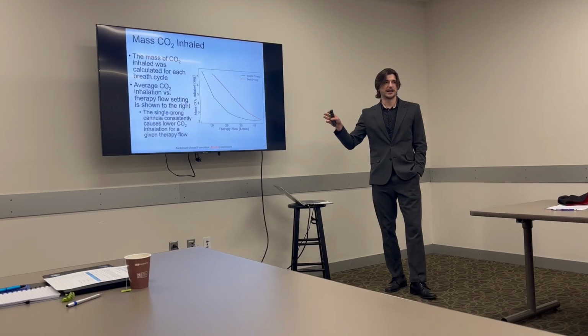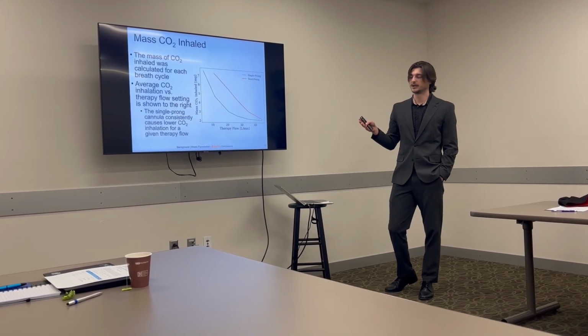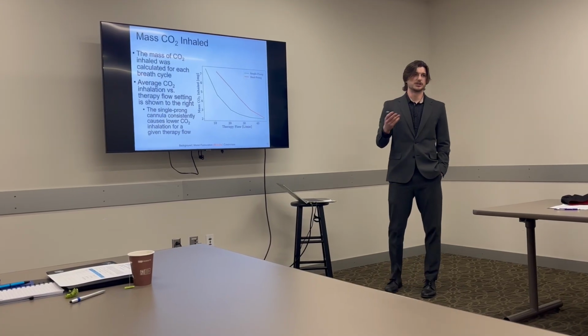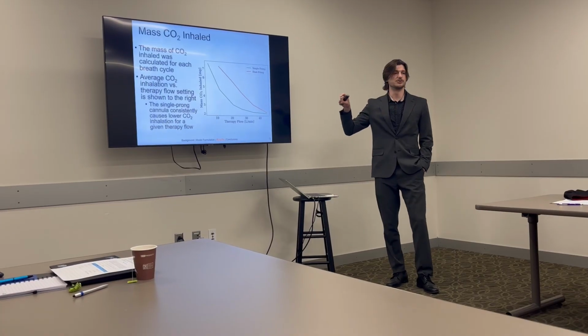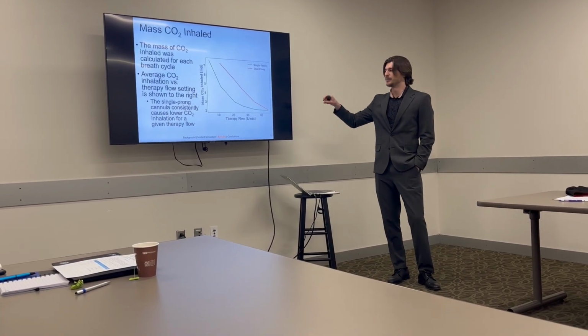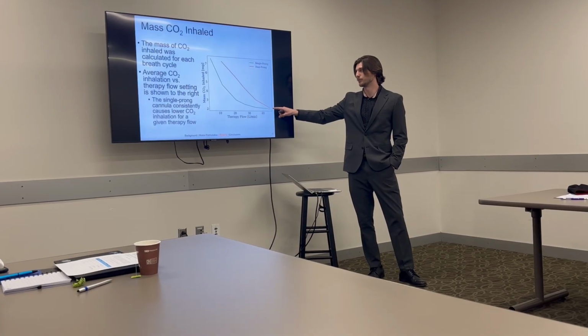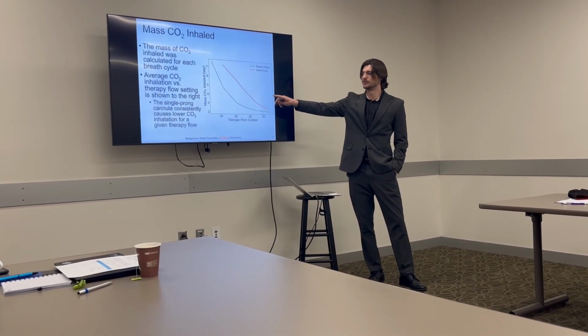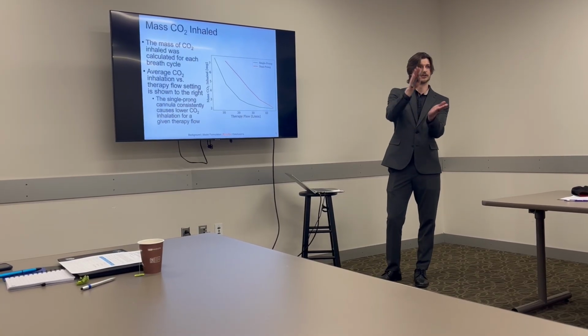The single prong cannula consistently resulted in lower CO2 inhalation than the dual prong cannula. But once again, similar to the delta CO2 plot, the distinction between those two curves varies based on the therapy flow. At higher therapy flow rates, it's very similar performance, but as we reduce the therapy flow, we really see the two cannula geometries separate.